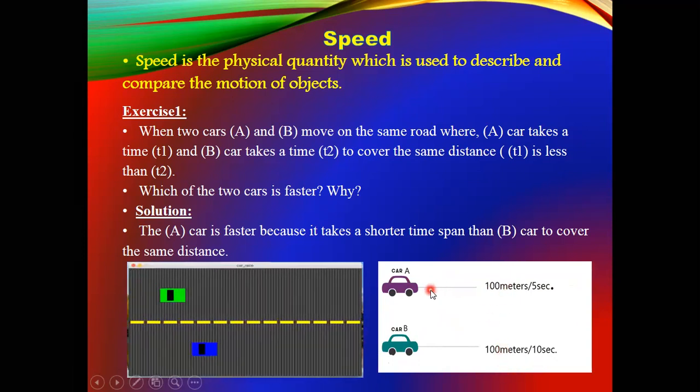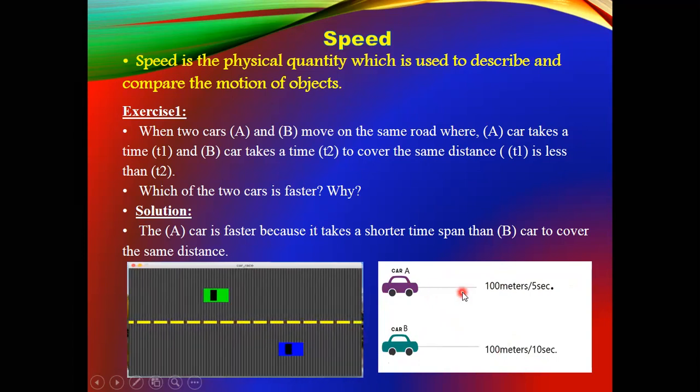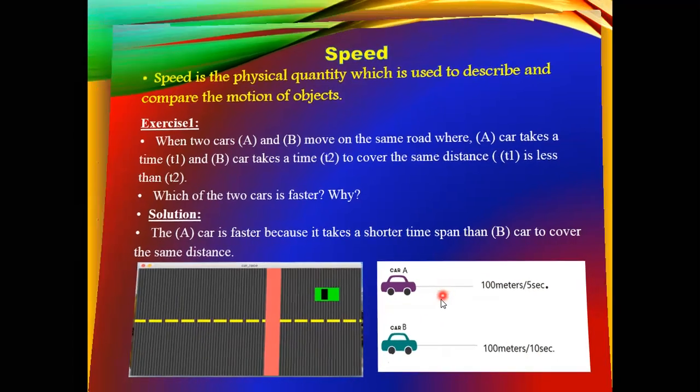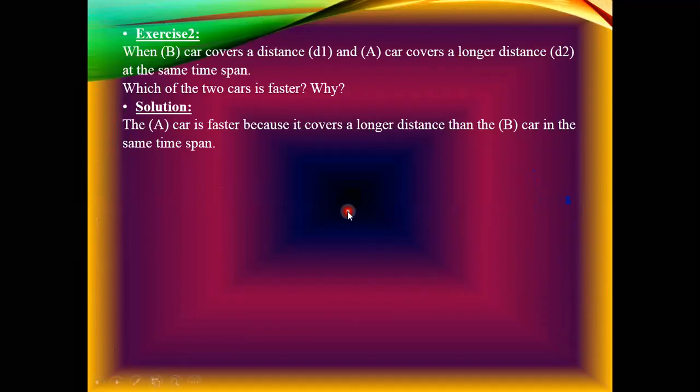So of course the faster is the one who took less time. The conclusion here is that speed is affected by time. So the first factor that affects speed is time.